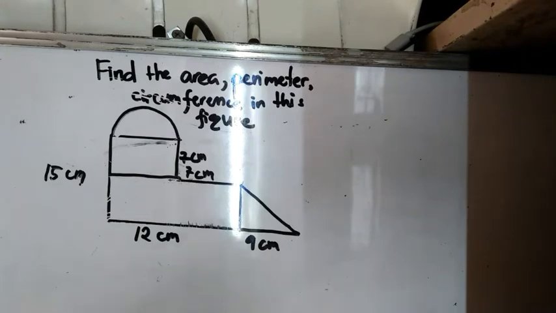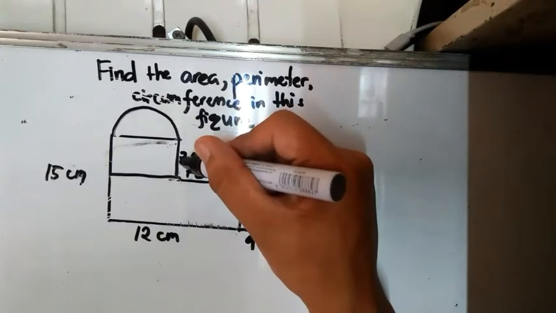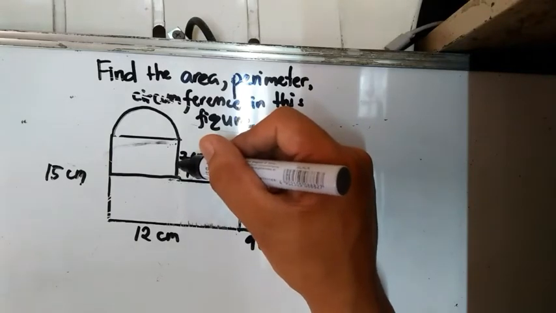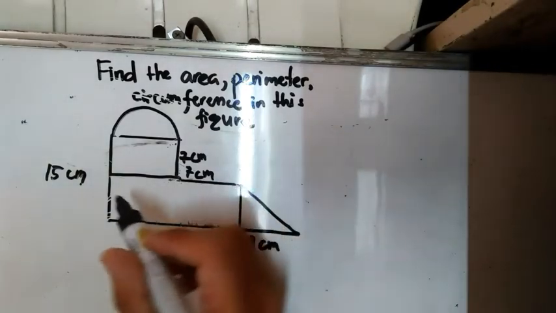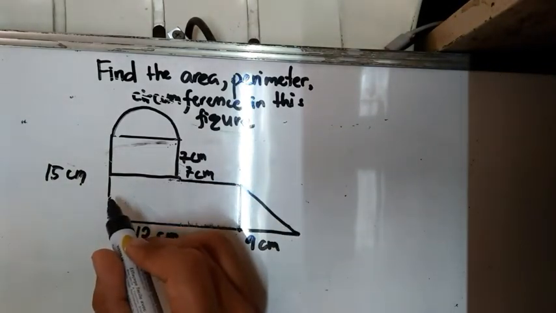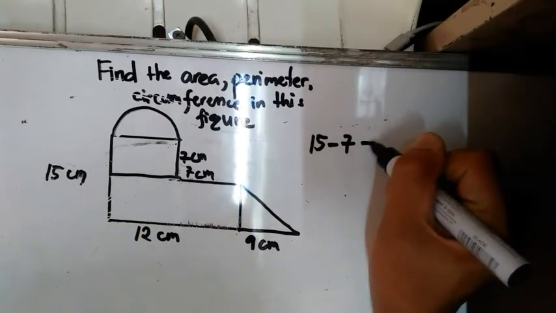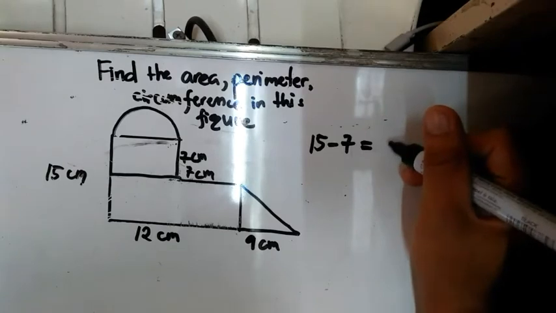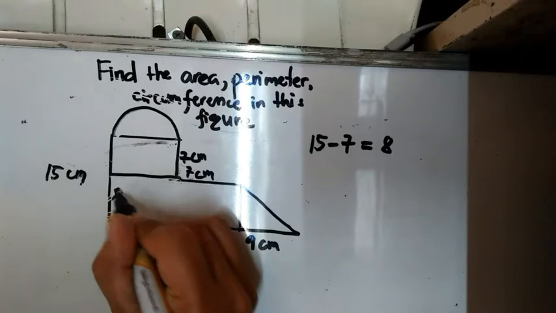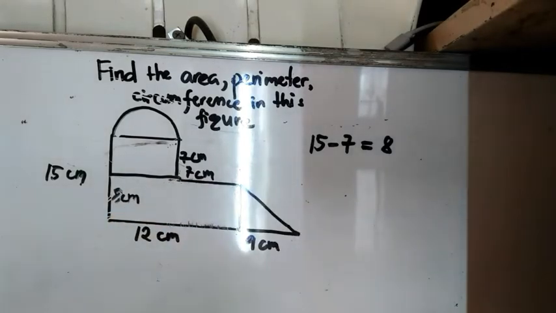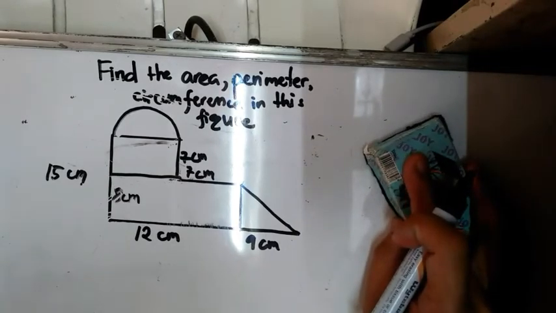Now if the side is 7 and this is 15 centimeter, therefore this section is 15 minus 7, which is 8. So this is 8 centimeter. 7 plus 8 adds to 15.